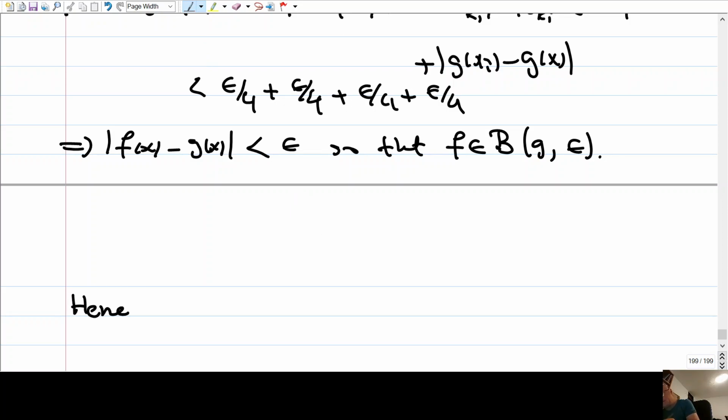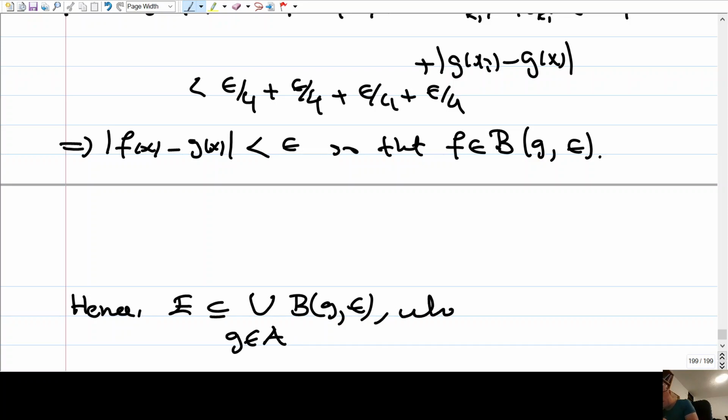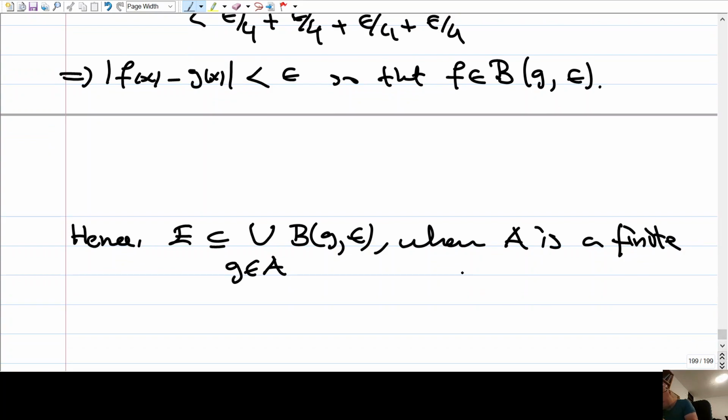Hence E is contained in the union of B(g, epsilon), where g belongs to the set A, which is a finite subset of E, of course.